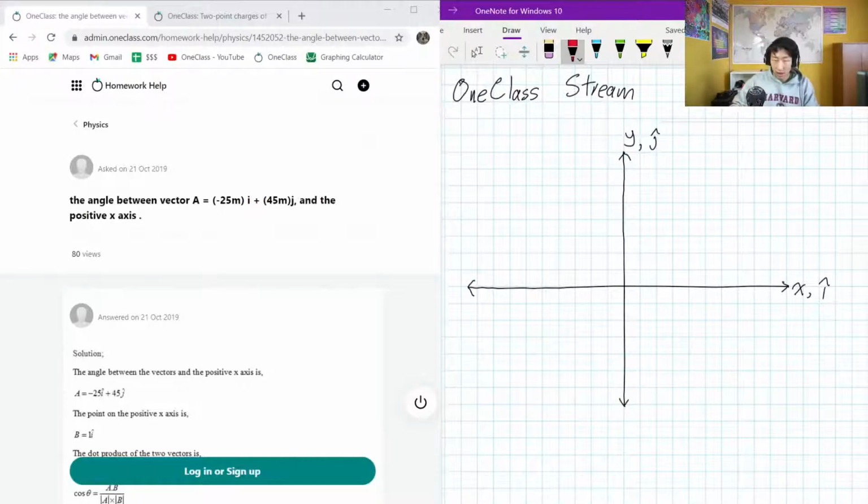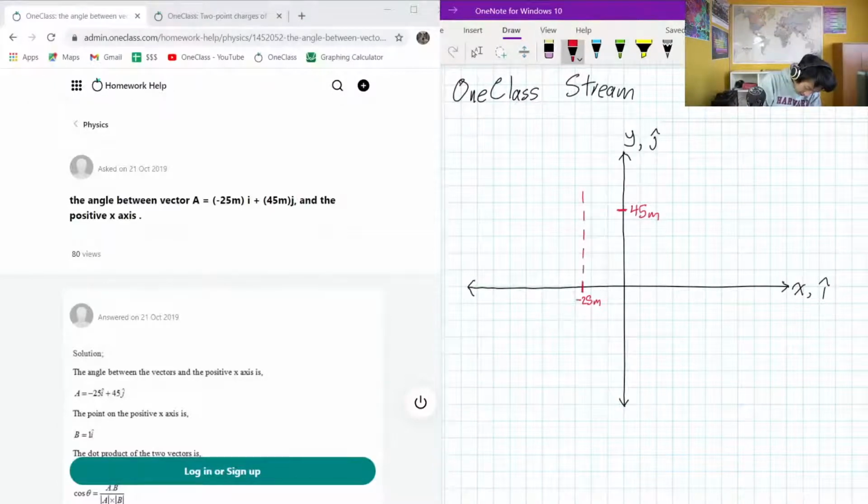A is going negative 25 in the I direction. Negative 25 meters in the I direction, and we have 45 meters in the J direction, which is the Y direction. And that's positive, so following this type of protocol, we have something like this, 45 meters.